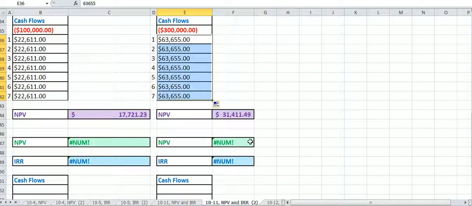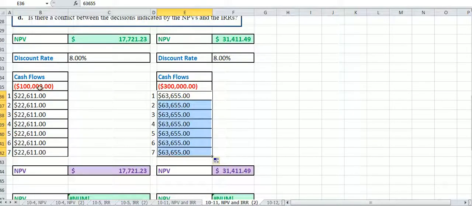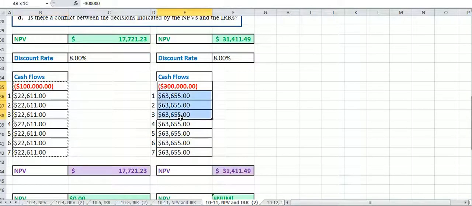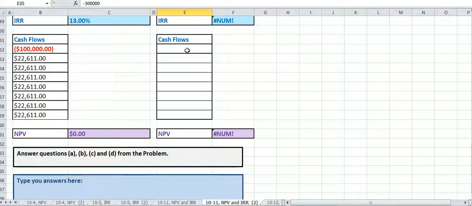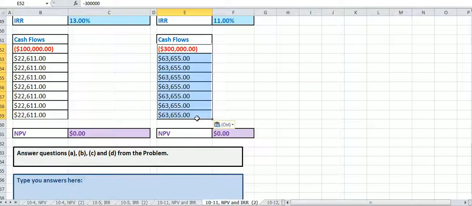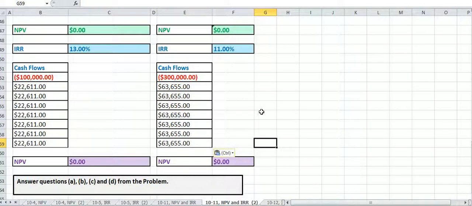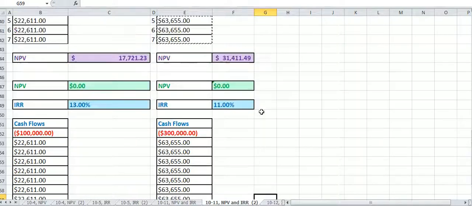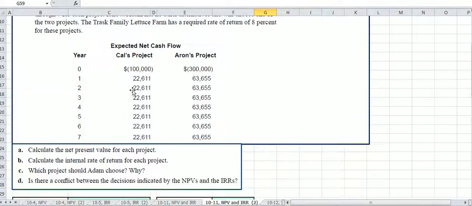Now let's look at the internal rate of return. We're just going to put these exact same cash flows in again. So just copy those and put them in here, and copy these cash flows and put them in for Aaron right here. And we can see that the internal rate of return is higher for Kyle.